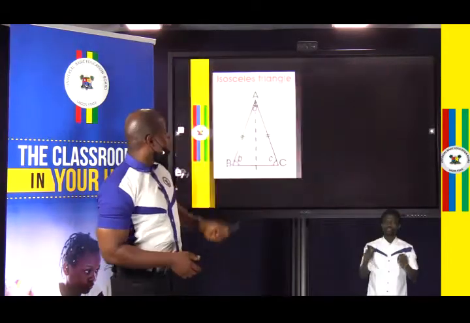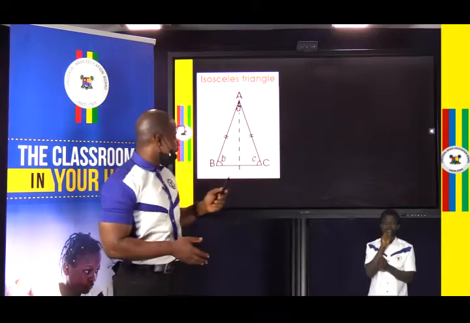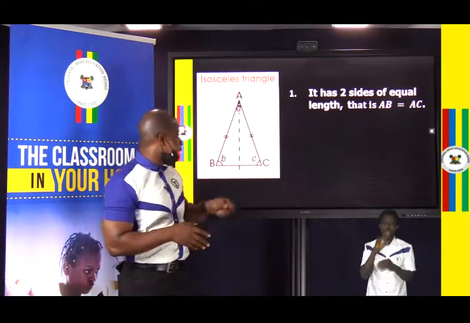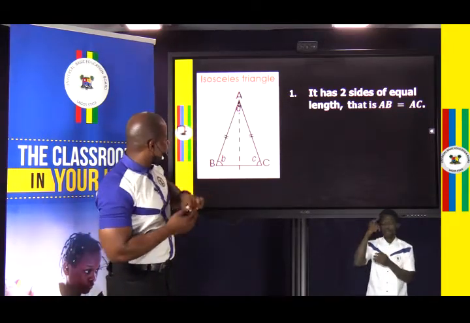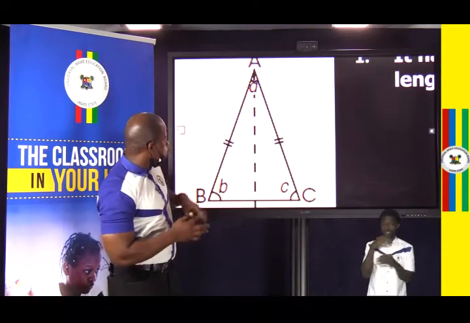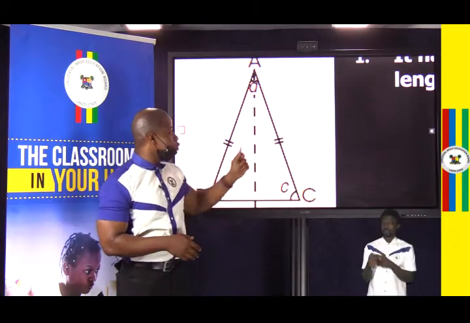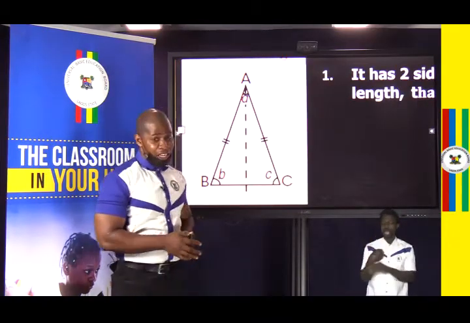Okay, now let's talk about the final one, which is the isosceles triangle. The isosceles triangle has these properties. Two of the sides are equal, and the two sides that are equal will be marked for you. Now, in this case, they have double markings, as you can see. These are the two sides that are equal, that is, AB and AC are equal.